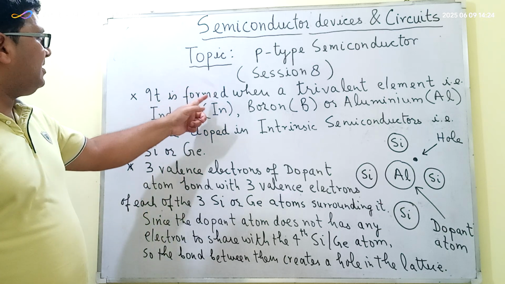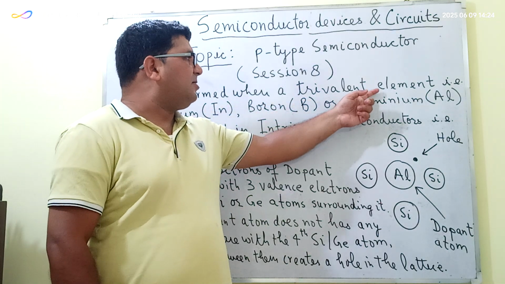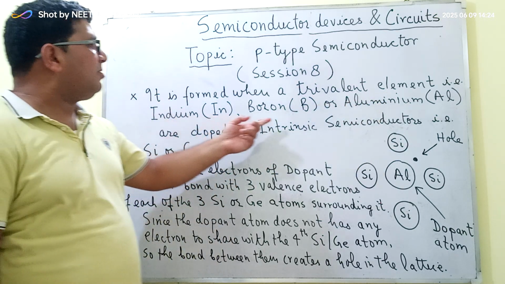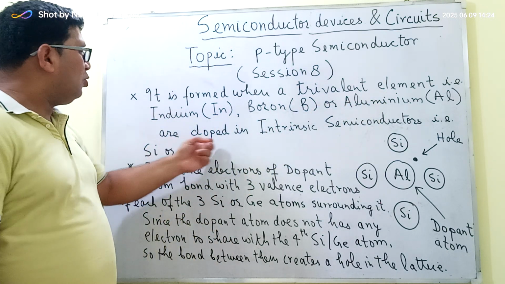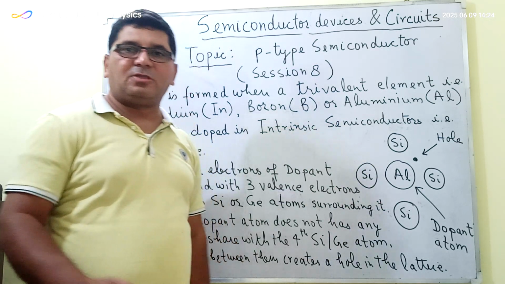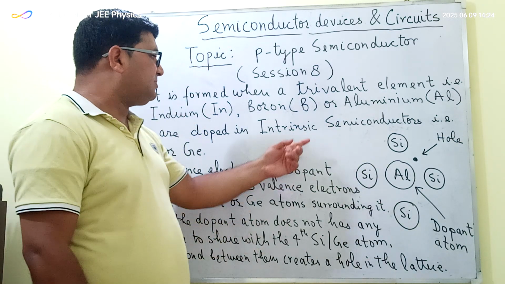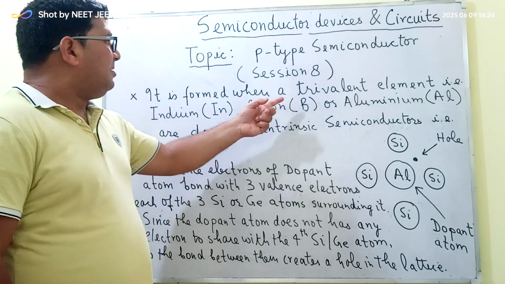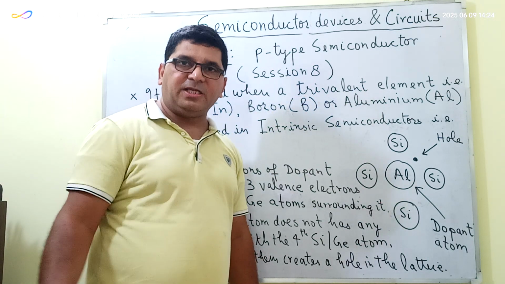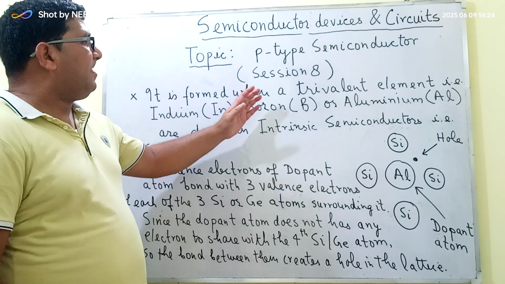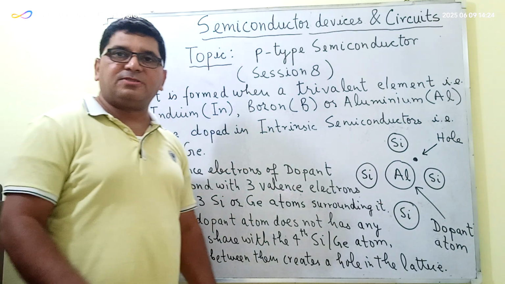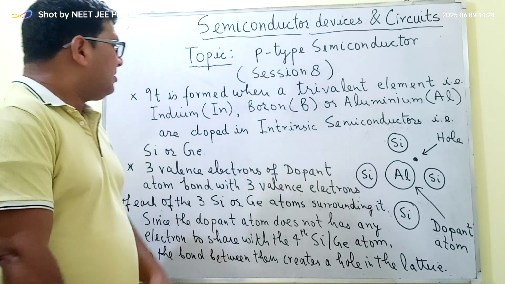So a P-Type Semiconductor is formed when a trivalent doping element such as indium, boron or aluminium is doped in intrinsic semiconductors. Now intrinsic semiconductors are those semiconductors which do not have any impurity, and the trivalent doping element is an impurity which is doped in the intrinsic semiconductor in order to increase its conductivity.